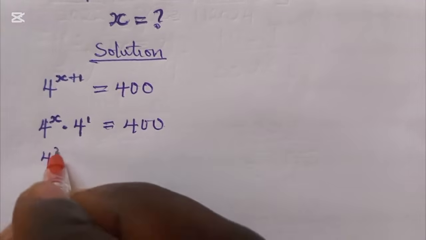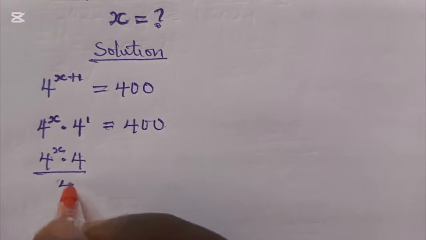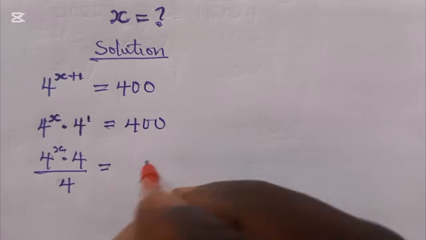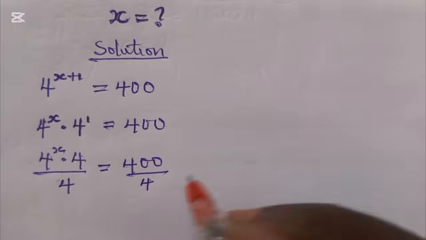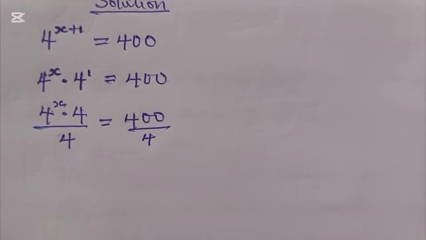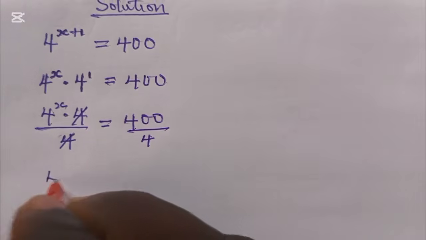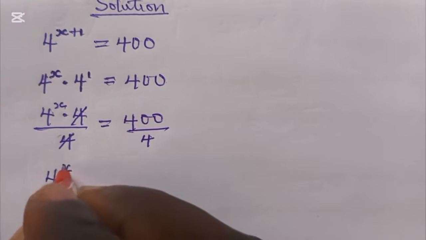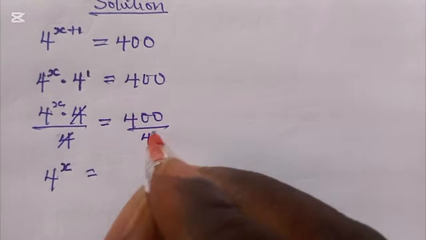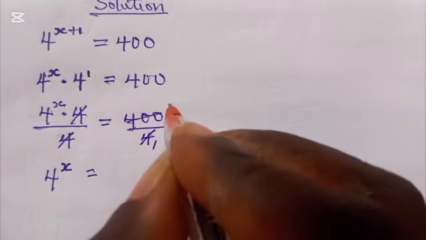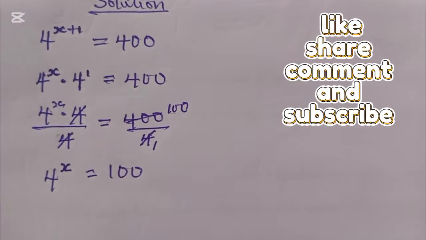So we have 4 raised to the power of x times 4 divided by 4 equals 400 divided by 4. So what do we have? 4 cancels 4 here. Then we have 4 raised to the power of x equals 100.